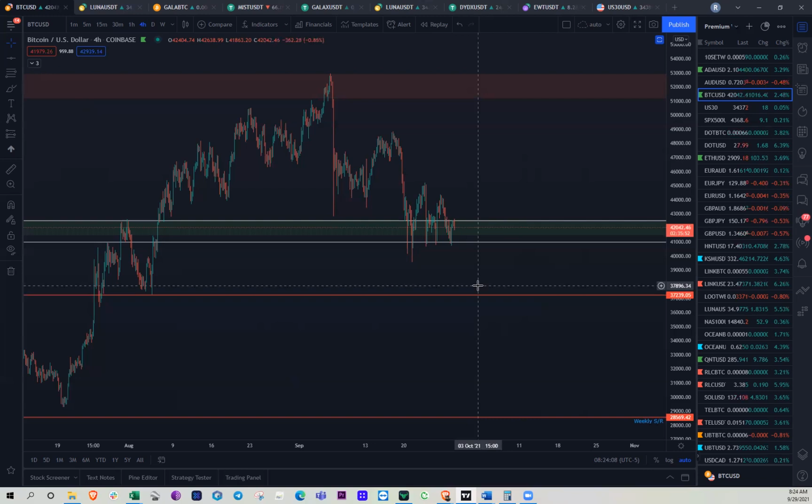So you either have to be patient and wait for these orders to get filled and then continue dumping down, or you monitor to see, is the selling pressure over? And now I need to start looking into my buy opportunities when I get down here. But it's best to plan for that ahead of time, as opposed to trying to figure out what's going on when you get there.